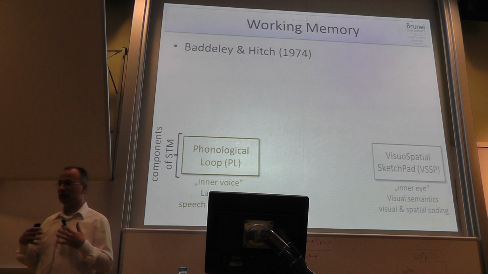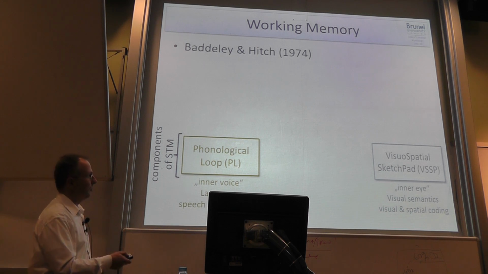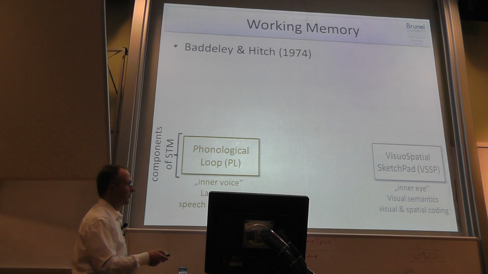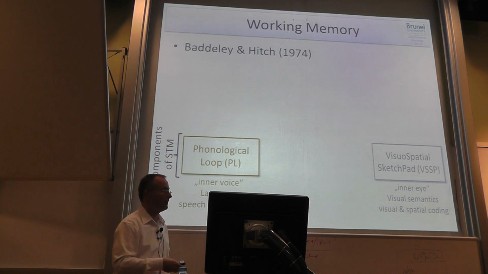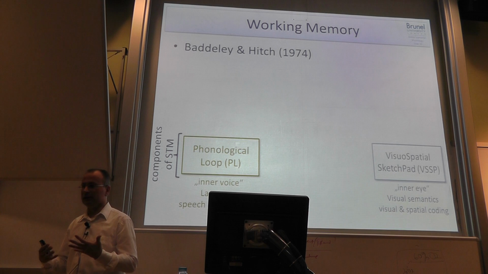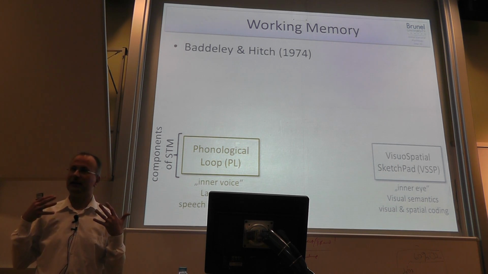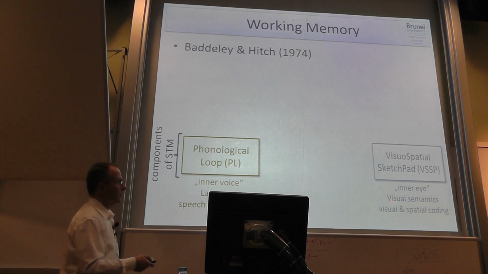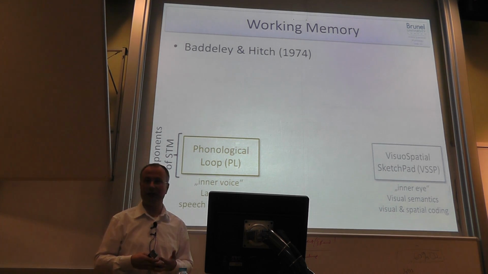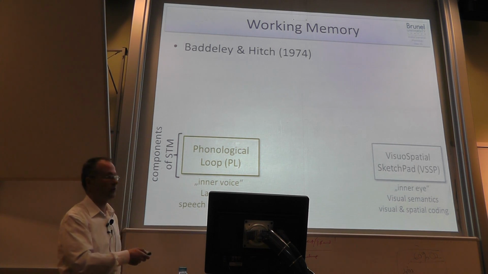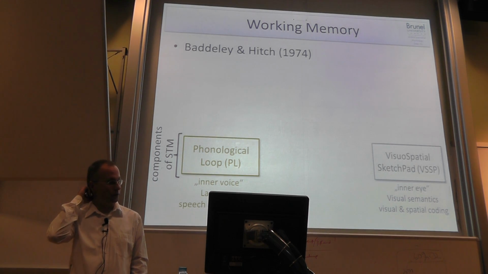The second major component is the so-called visuospatial sketchpad, sometimes called scratchpad as well, VSSP. This is the equivalent for visual spatial information, so our inner eye, if you want to say so. So visual and spatial coding. For instance, when we do mental rotation, this is something which is done in this visual short-term memory.